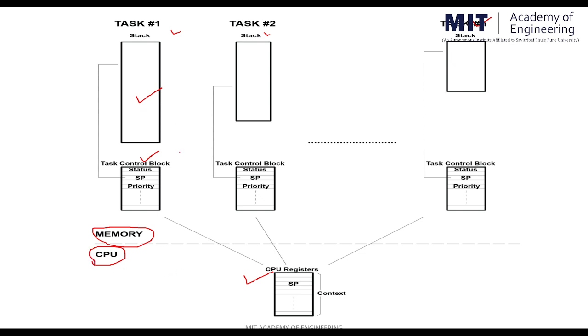Every task has to switch from one task to another according to the assigned priority. This diagram shows that every task has its own task control block and its own stack. There is no combined or common stack or common TCB. Every task has its own TCB and its own stack, and this plays a very important role in context switching.